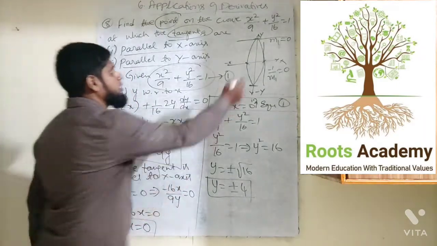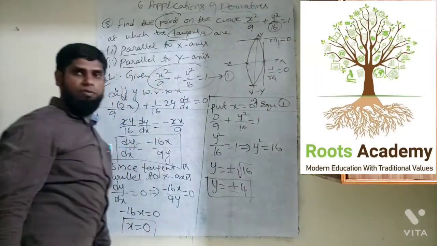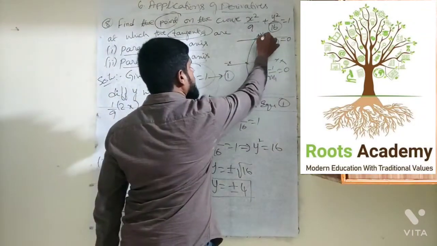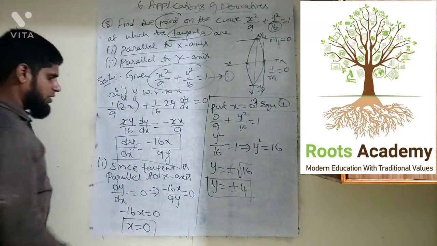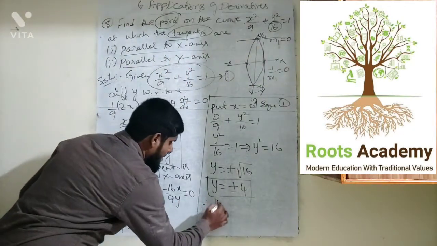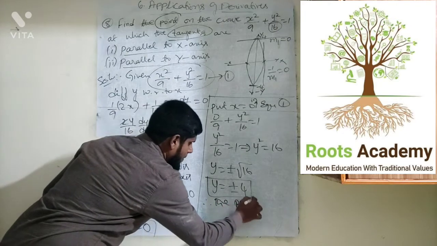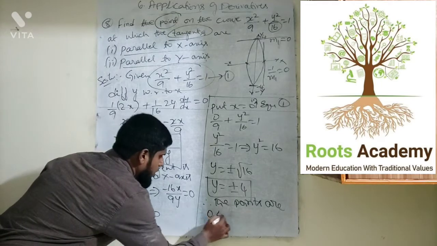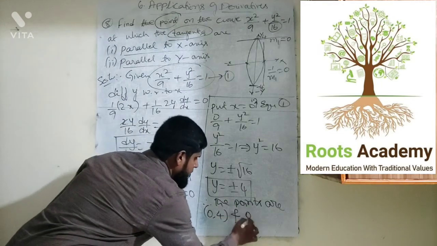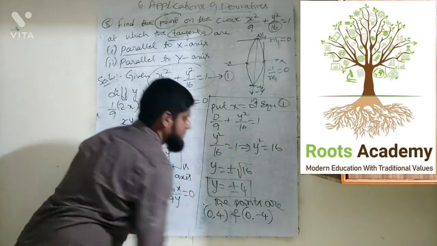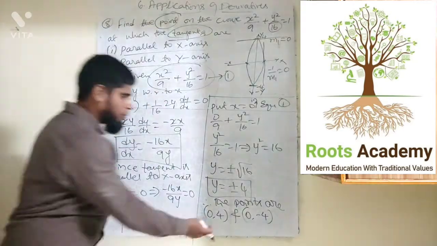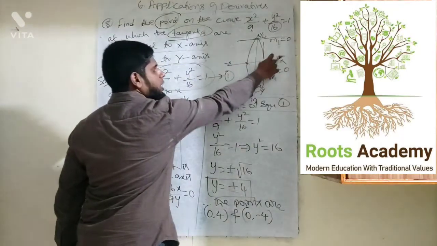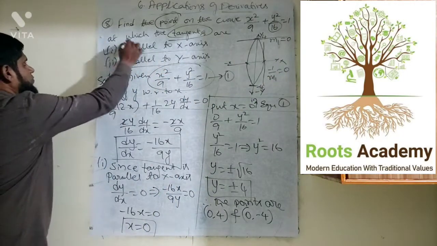As we can see, these are the coordinates for y: minus 4 and plus 4. Therefore, the points are 0, plus 4 and 0, minus 4. These are the points where the tangent is parallel to x-axis for the first condition.